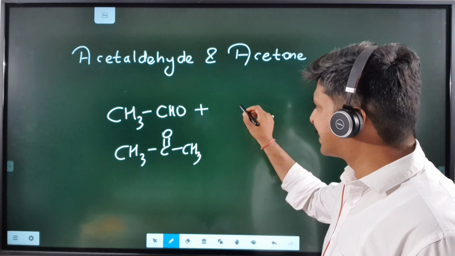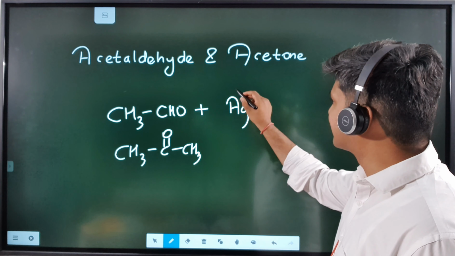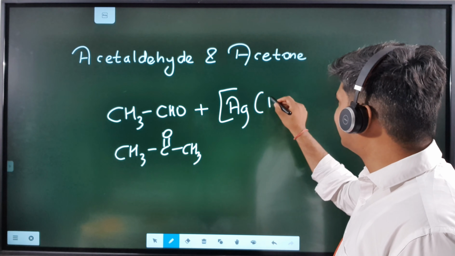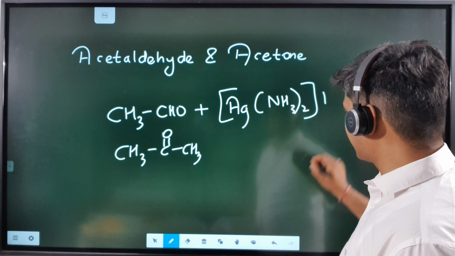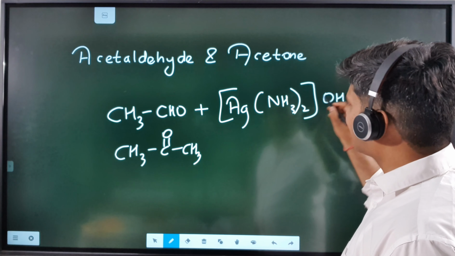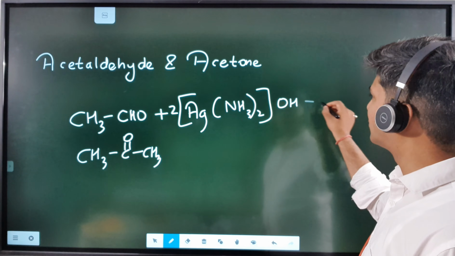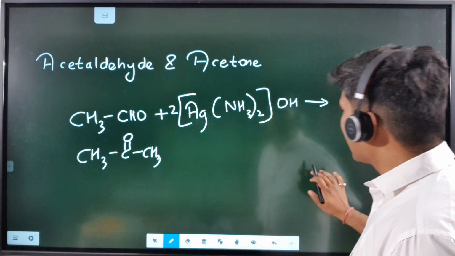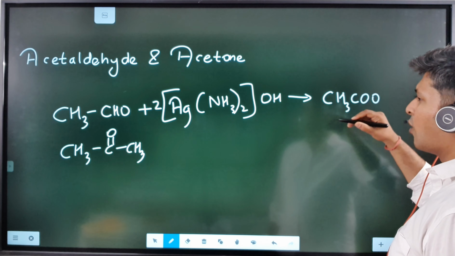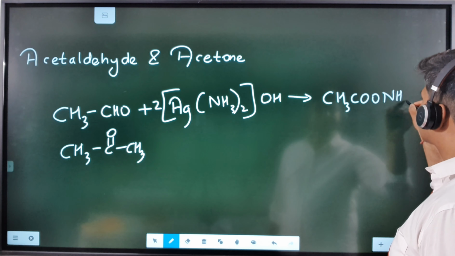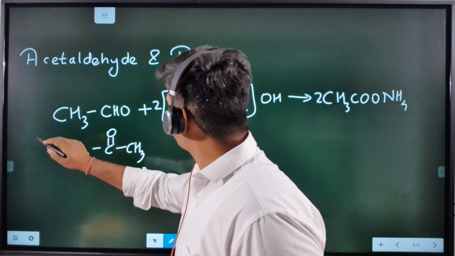So we are going to use this property and quickly identify acetaldehyde. We're going to perform the test with Tollens reagent. What is Tollens reagent? Tollens reagent is ammoniacal silver hydroxide, or also sometimes ammoniacal silver nitrate. In this case we are using ammoniacal silver hydroxide. Then this will react with acetaldehyde and quickly oxidize it to form CH3COO, almost acetic acid, but here it is forming ammonium acetate. 2 moles of ammonium acetate will be formed.